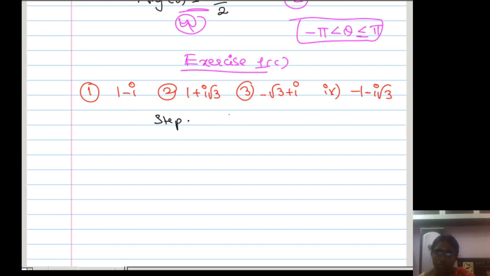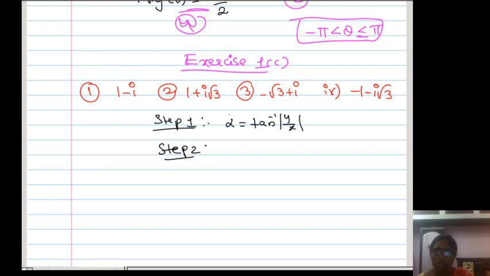Step 1: first find alpha, that is tan inverse of mod y by x. Here x is 1, y is -1. Plus or minus is not a problem here in mod y by x. We are making it an acute angle, positive only.